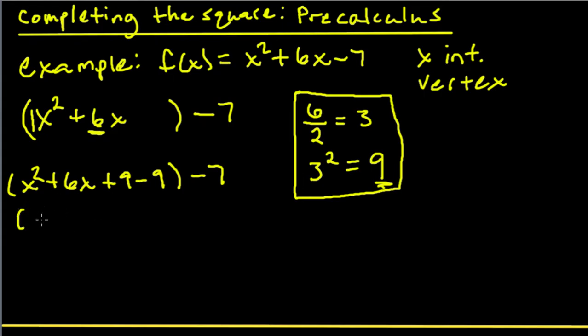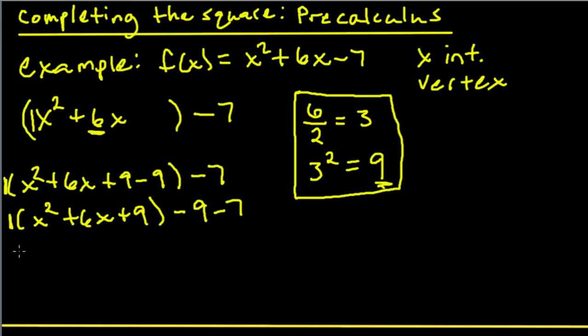So next, we always leave the positive 9 inside, and we take this negative 9 to the outside. Since we have a coefficient of 1 here, we just multiply that negative 9 times 1 and bring it outside, and we still have that negative 7.